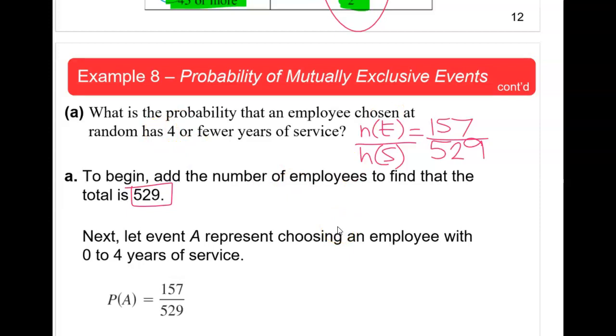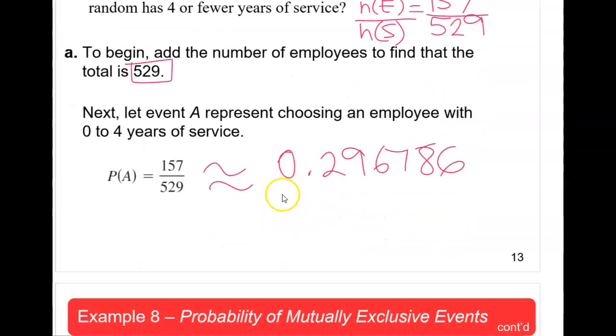Now, if MyMathLab wants a probability, which is very common to have probabilities as decimals, then you will have to approximate according to what they want. So I'm trying to get an approximation with my calculator, and this is approximately 0.2968786. That's how many digits I'm seeing on my calculator.